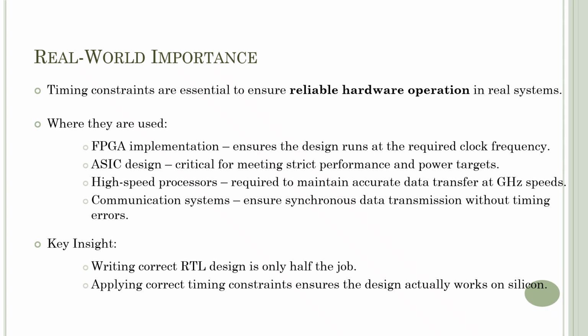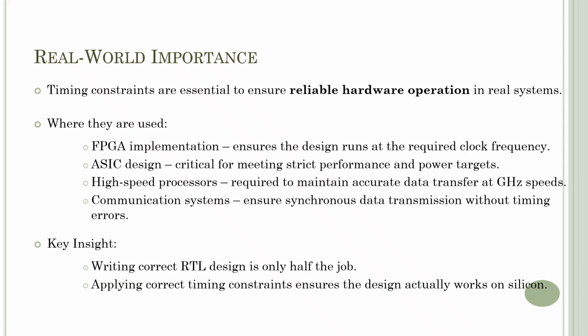They provide the tools with precise information about clock timing, data arrival, and signal propagation, allowing the design to meet the required performance target. Timing constraints are widely used in several real-world applications, like in FPGA implementation.